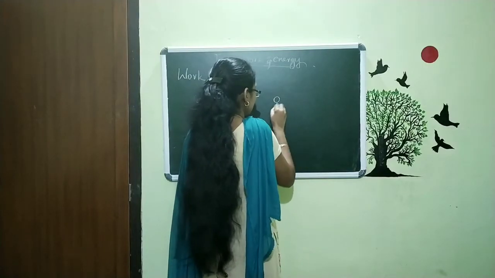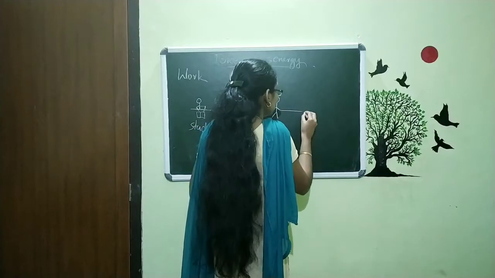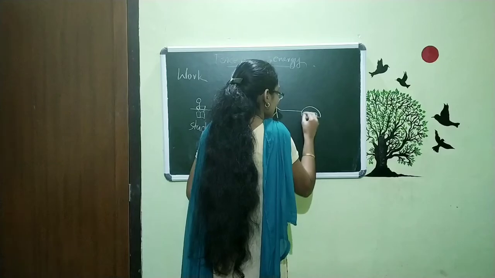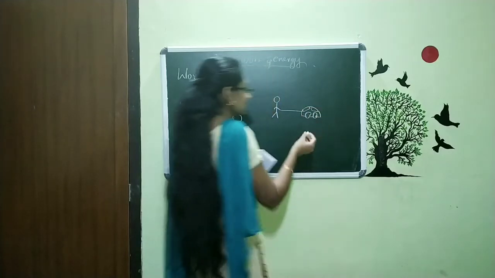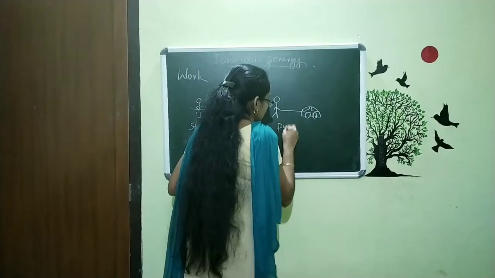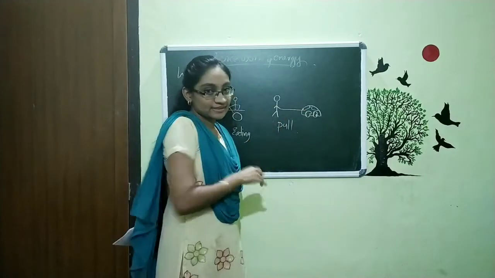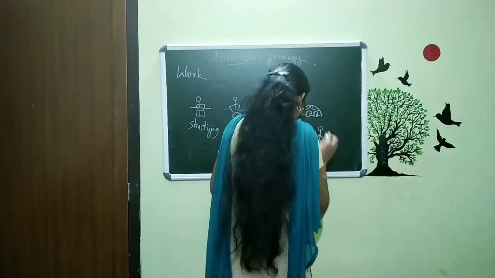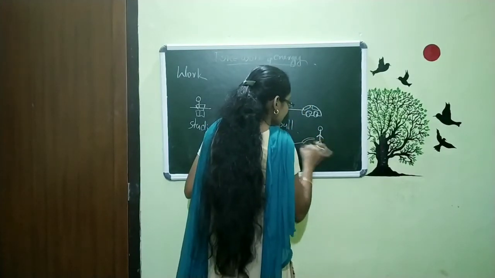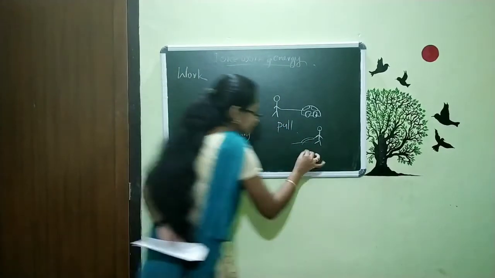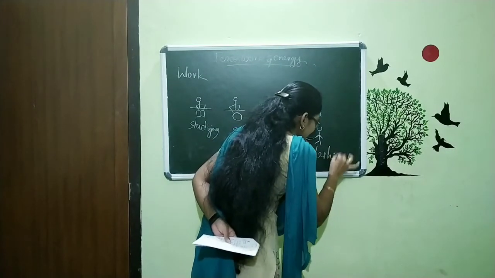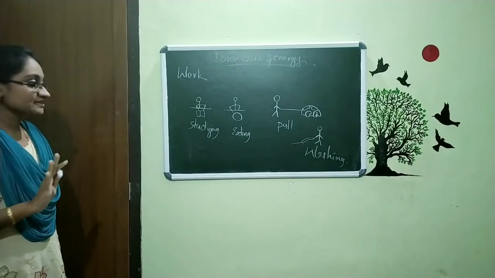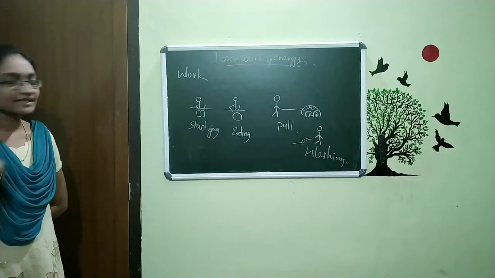One child is just pulling a toy car. That is the third diagram, and the fourth diagram is this. One person is washing clothes. So these are the 4 cases or 4 diagrams you can see in the textbook.